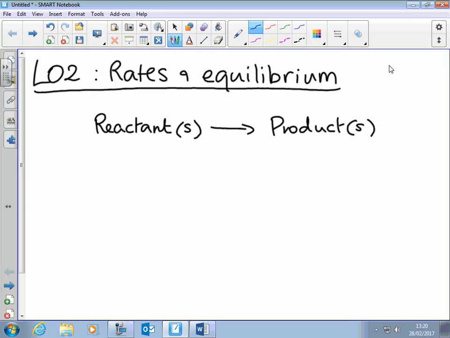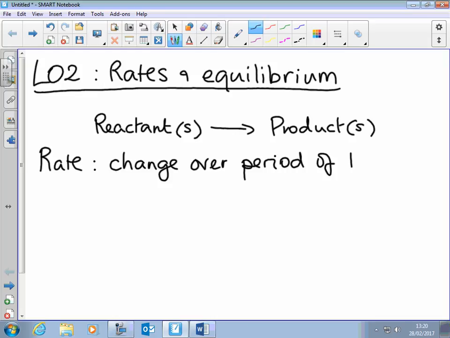For the rate of a chemical reaction, we're going to need tighter definitions, but it's change over a period of time, and it could, for example, be something like speed, which would be a change in distance over time. You could have acceleration, which is the change in speed over time, and various other rates as well.